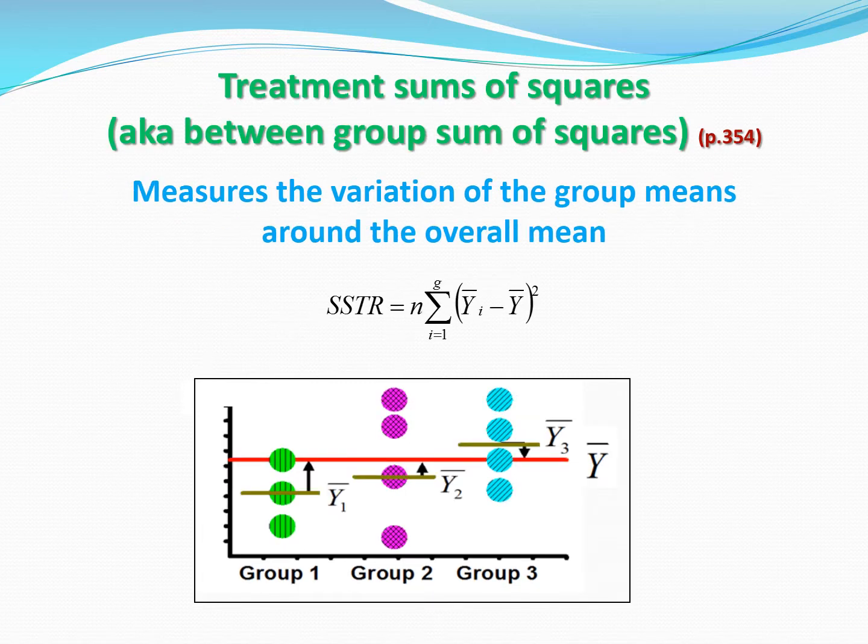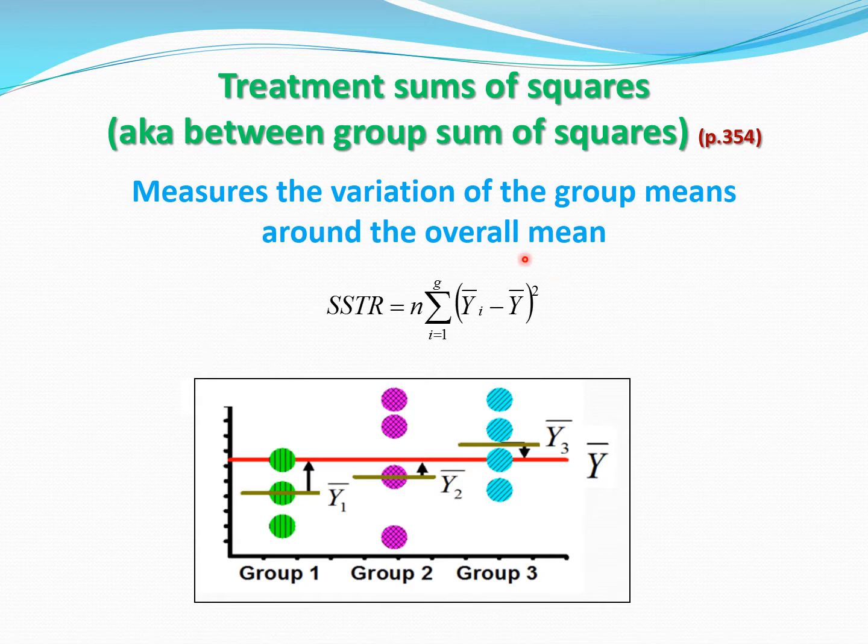Then the second measure of variation is the treatment sum of squares, and this is also known as the between group sum of squares, and it measures the variation of the group means around the overall mean. So visually, we look at the differences between the group means and the overall mean.